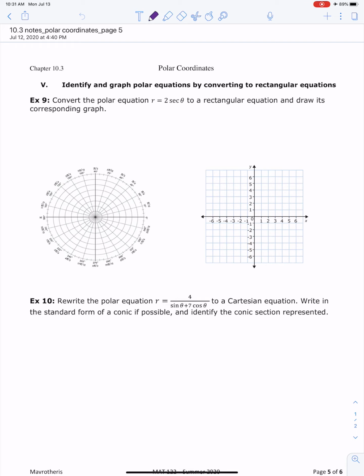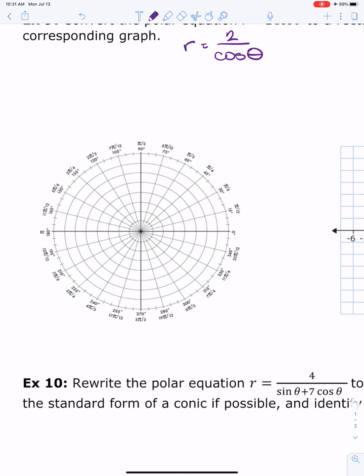First thing I want to do is see if I can rewrite this to something I'm a little more comfortable with. So R equals 2, secant is 1 over cosine, so 2 over cosine theta. I'm a little more comfortable cranking out cosine values than secant, so that's what I'm going to go with.